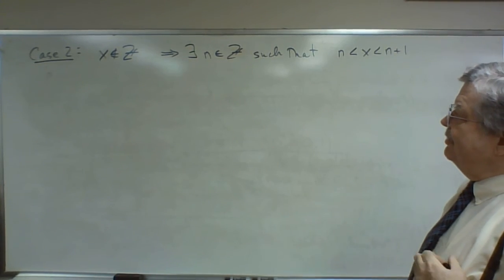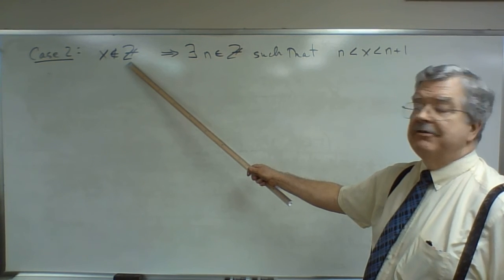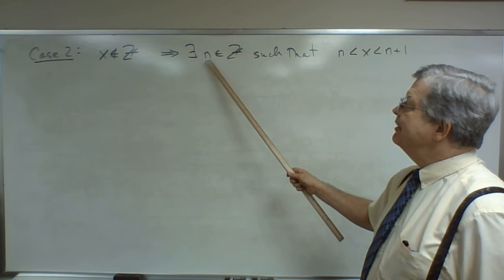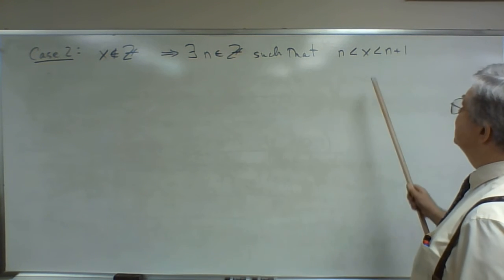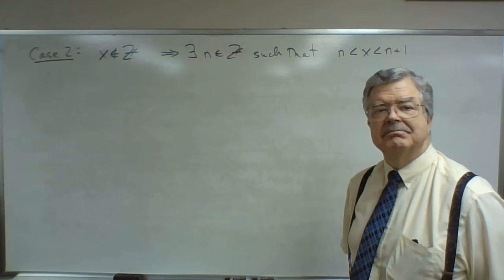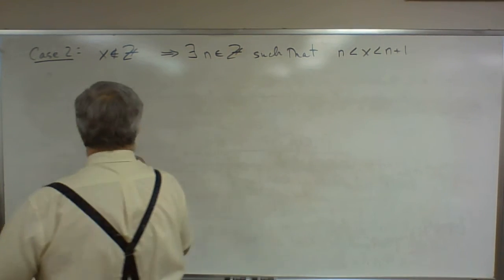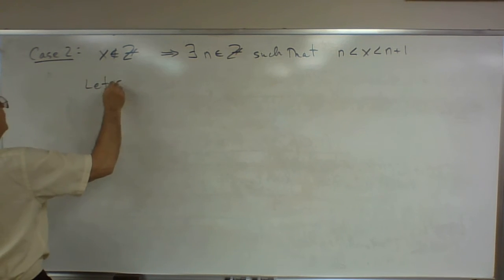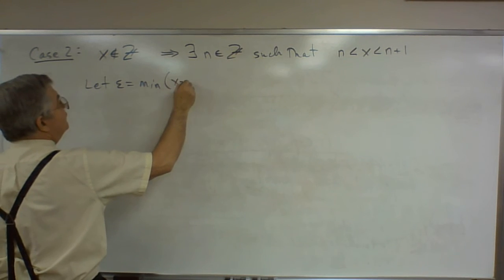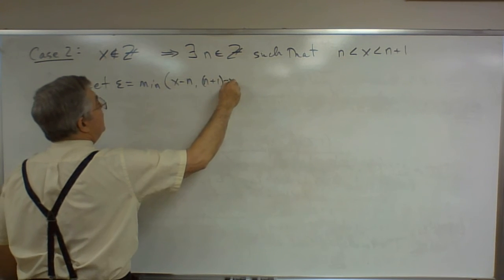If we look at our case 2, x is a real number that does not happen to be an integer, which means that there's some integer n such that x is between n and n plus 1. And we will let epsilon equal the minimum of x minus n and n plus 1 minus x.